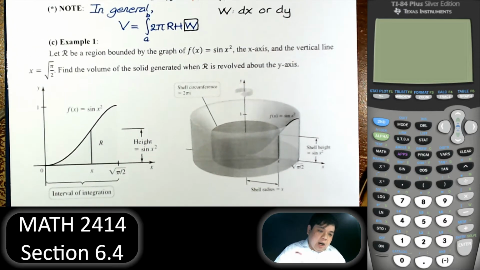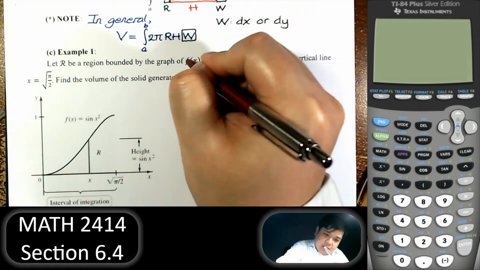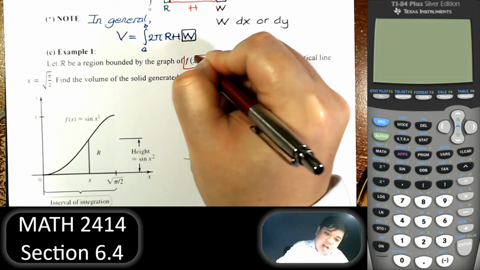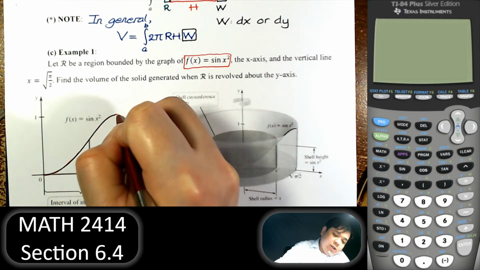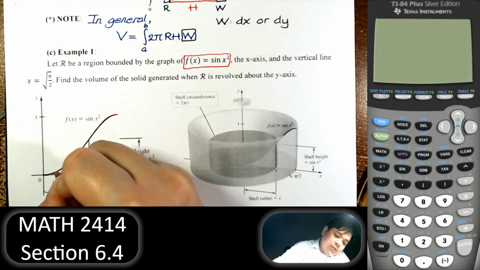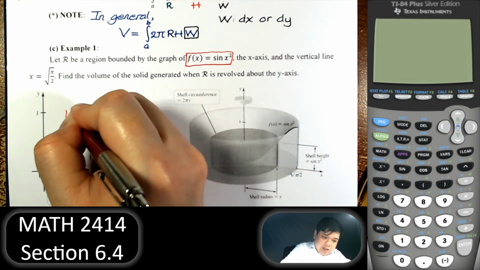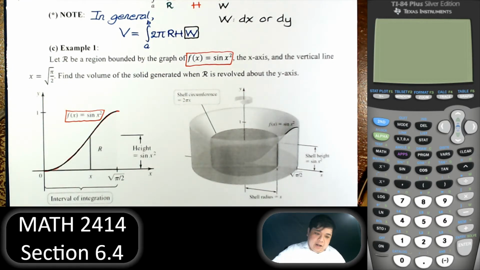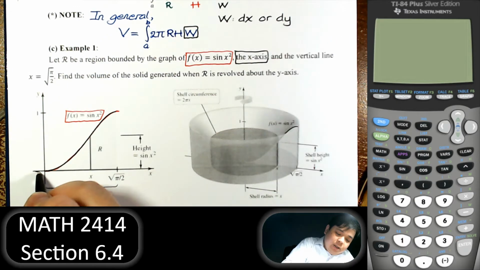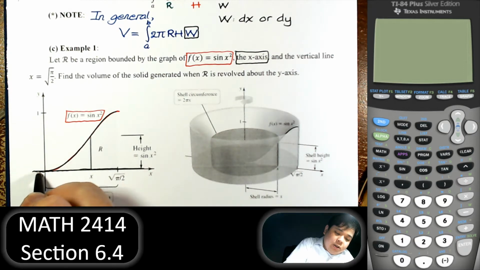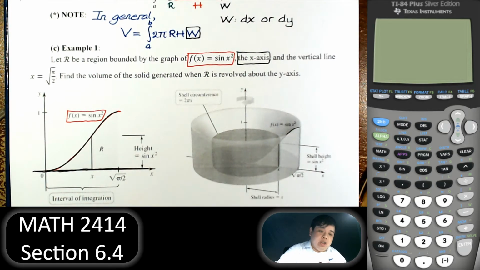Right, so let R be the region bounded by the graph sine of x squared, not sine squared, sorry. So that is sine of x squared, and the x-axis and the vertical line x equals square root of pi over 2.